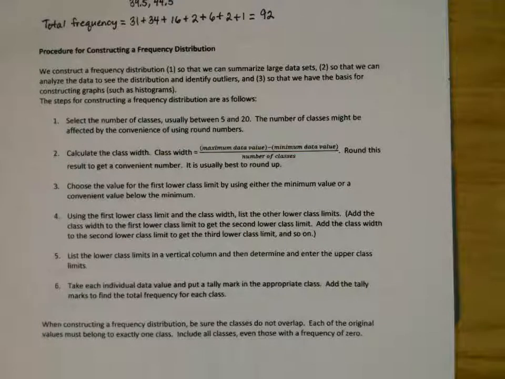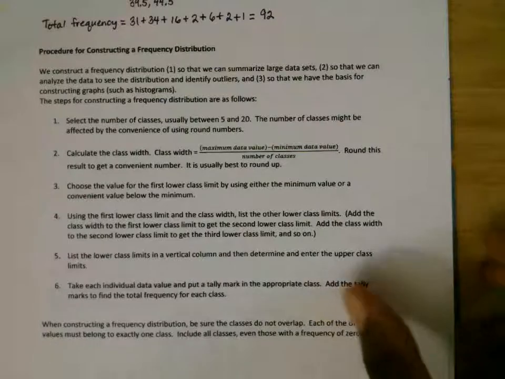You just follow that pattern. Then you're going to list the lower class limits in a vertical column and then determine and enter the upper class limits. Then finally, you'll take each individual data value and put a tally mark in the appropriate class. And then you're going to add those tally marks to find the total frequency for each class. And then that's your procedure.